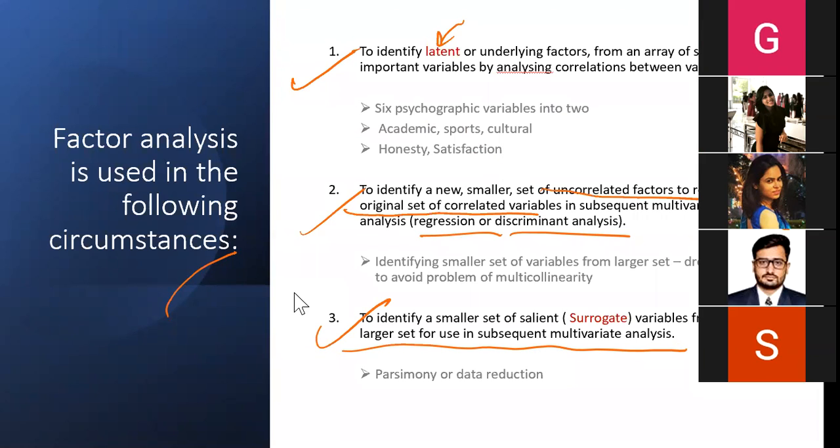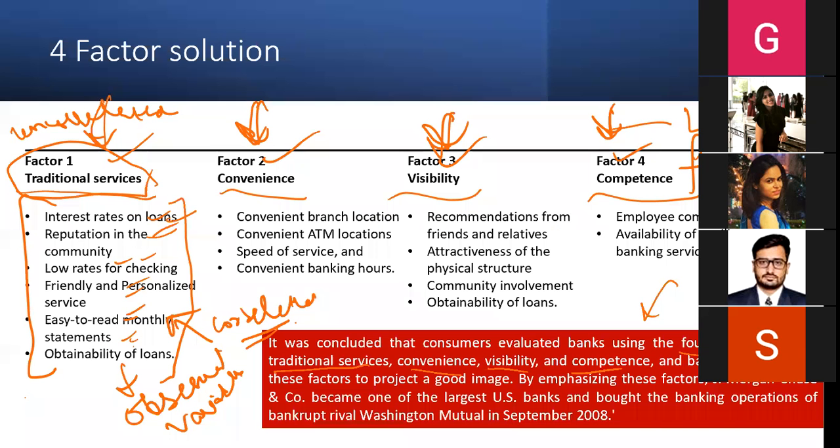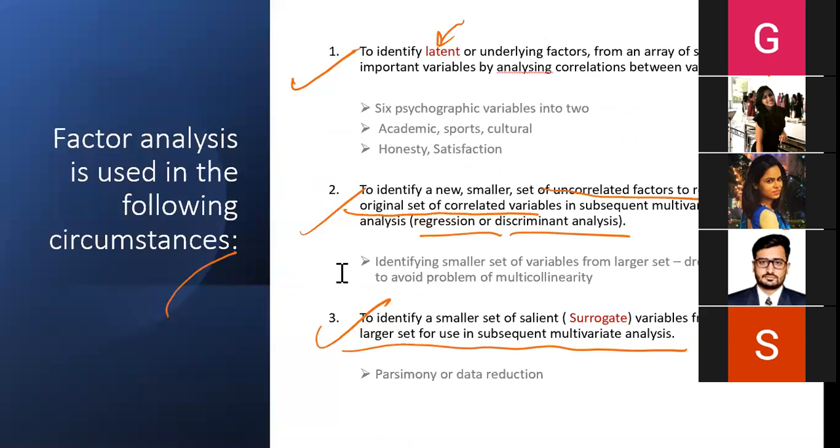So first was to identify latent or underlying factors. Like here, the latent ones are traditional services, convenience, visibility. All these are latent variables, say honesty, satisfaction. So to identify latent or underlying factors, you can use factor analysis.